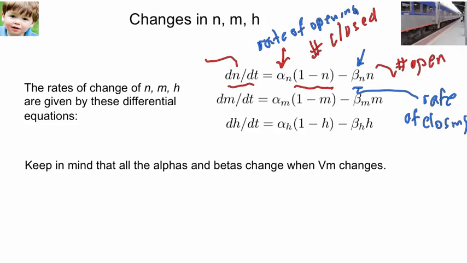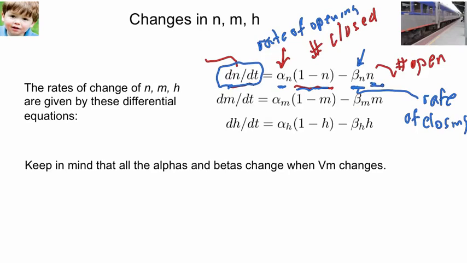And if we looked at the effect as a whole, we'd say the rate at which the number of n-type particles is opening is equal to the rate of opening, alpha n, times the number of closed channels, 1 minus n, subtracting the rate of closing, beta n, times the number of channels that are open. Well, you think about this as a mental picture, and it seems pretty simple.